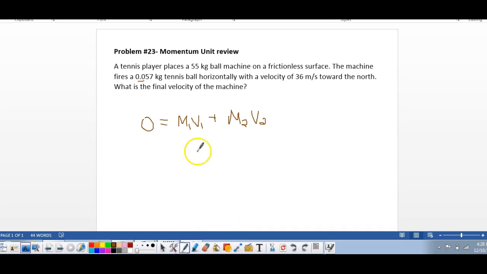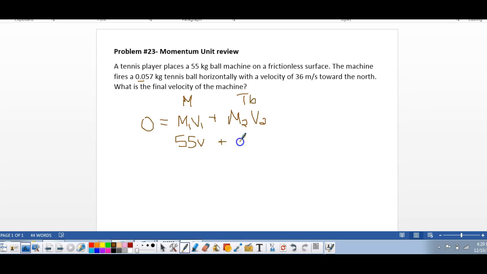Okay, so we can just make this the tennis ball, TB, and this is the machine. So we have a mass, 55, and then we don't know the velocity, so 55 times v. But this other one over here we do know.